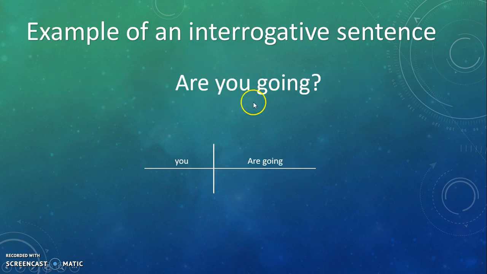Are you going? Notice that I have the you because it's the subject. It is not capitalized in my subject area. It's not in parentheses because it is actually in the sentence. I've got my line, and then I have are going. Are is capitalized. That way when I look at this diagram, I understand that it's interrogative because the are would come first. Are you going? Get it? Pretty easy. Put this example down, please.